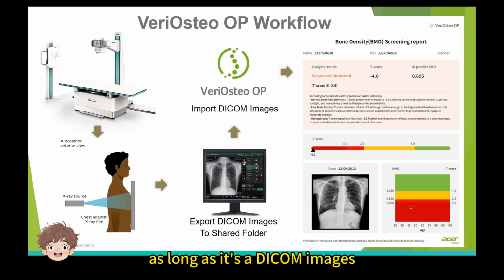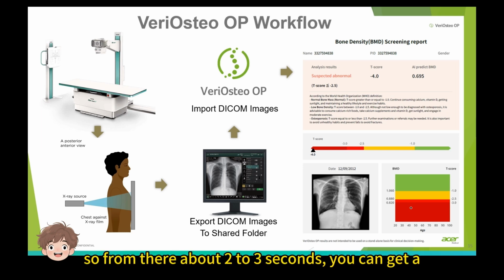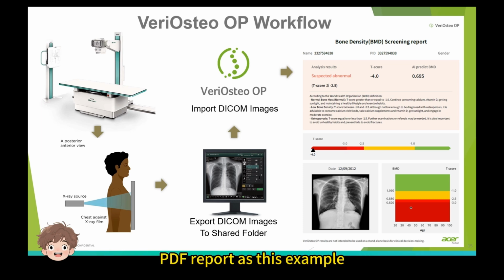As long as it's a DICOM image, then you can import it to our software. From our software, you just need to fill in some details like the patient name and the operator, and you just click analyze. From there, in about 2 to 3 seconds, you can get a PDF report like this example.